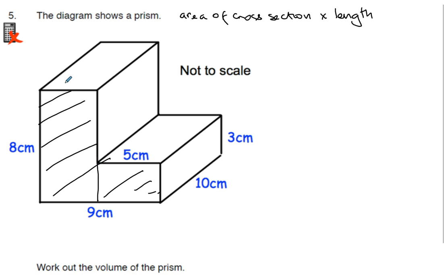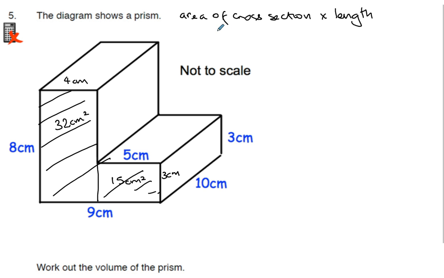And what's that bit there? That whole thing is 9, that's 5, so that's 4 centimeters. So the area of that rectangle is just 4 times 8, so we'll say 32 centimeters squared. And then that will be 5 by 3, so that will be 15 centimeters squared.